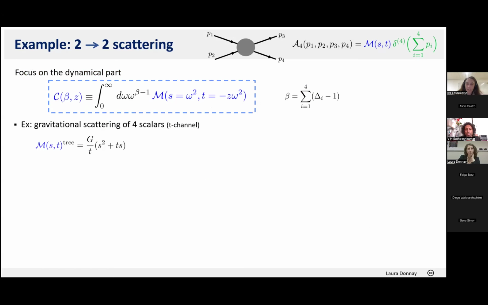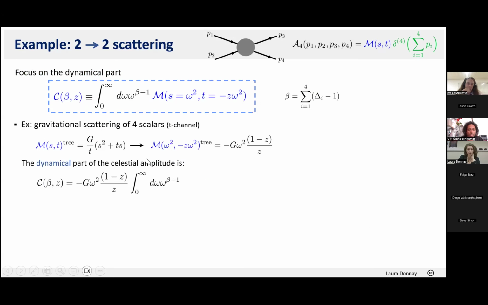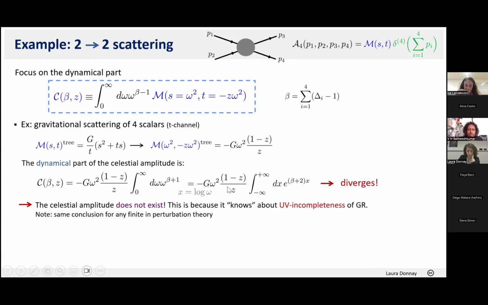Yeah, exactly. So what this thing is signaling to you, this feature of this divergence. So again, there is a typo here. So what this divergence is signaling to you is that you don't expect celestial amplitudes to be well defined for non-UV complete theories. This is just because of the fact that we integrated over all omega.